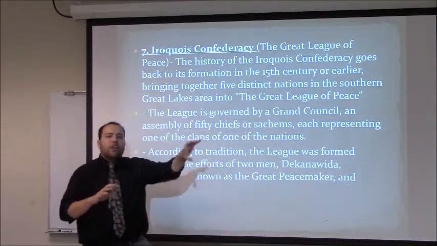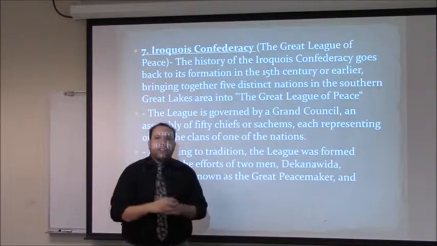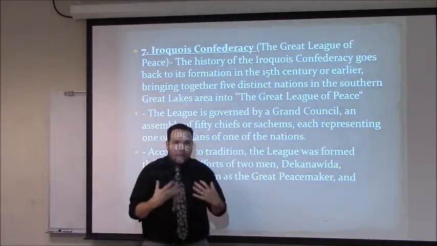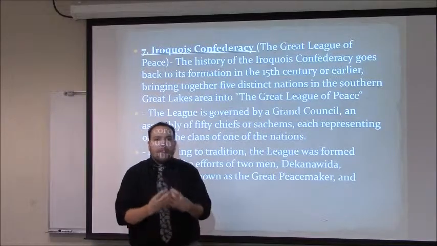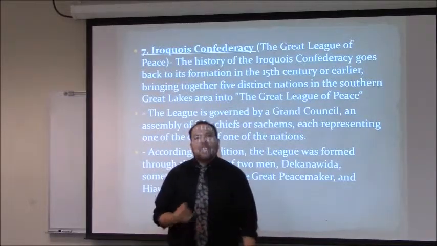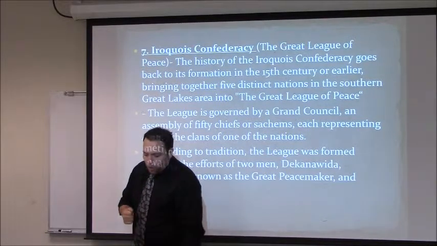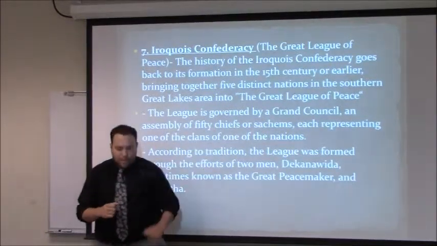Even though they had their distinct cultures and distinct languages, they realized that it would be much better for themselves to come together and to form kind of a loosely knit nation in order to help with trade, in order to help with physical protection from other tribes.